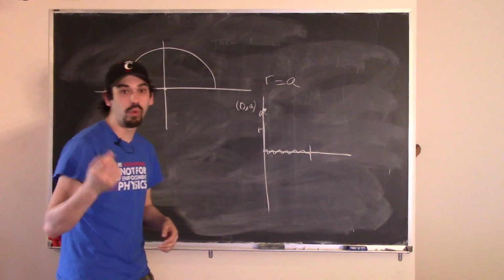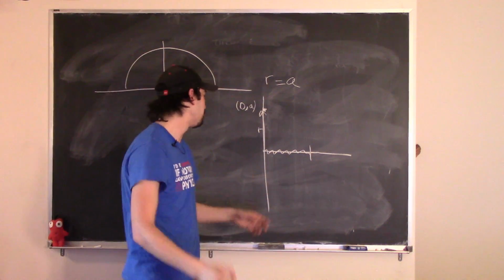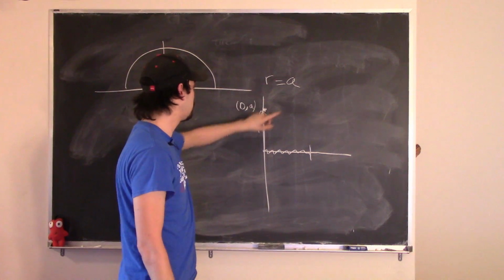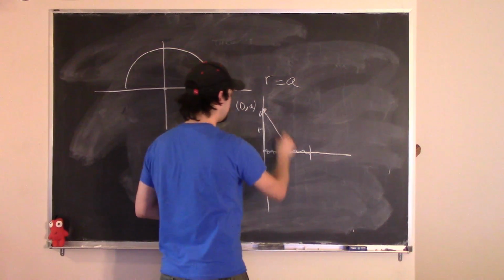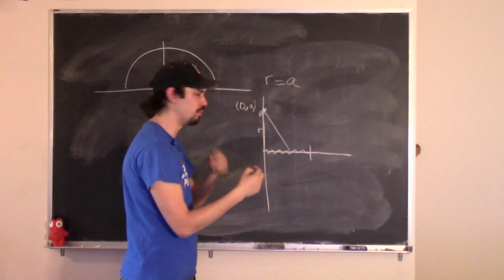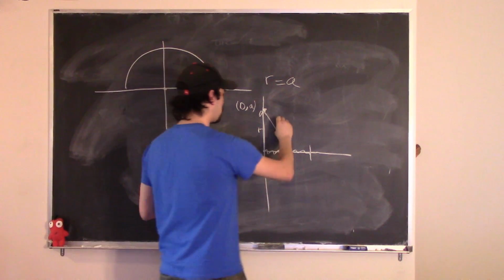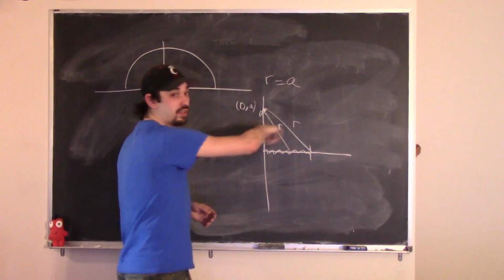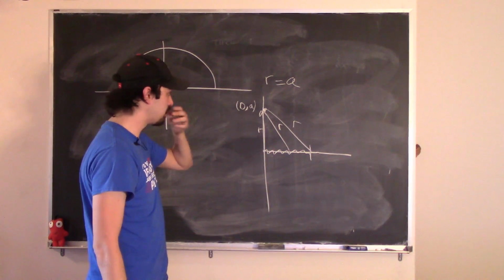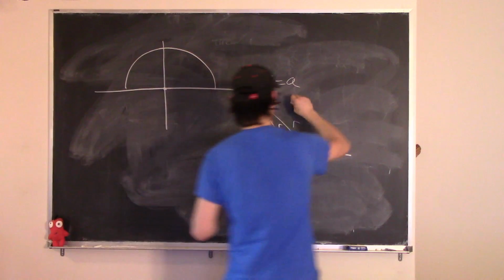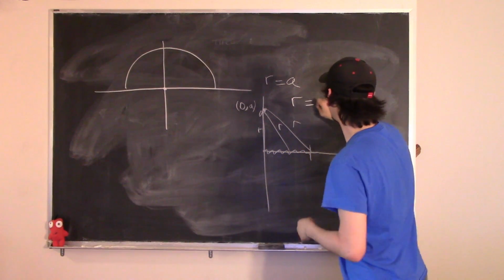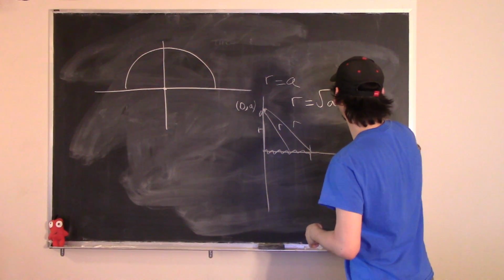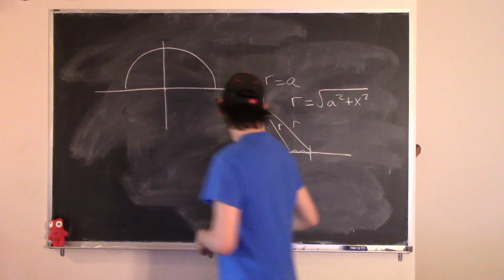And one of the values that r can have is a. But really, in this case, and this is kind of why I draw it a little bit in the middle, this is also R, and this is also R. All three of these are R. So for this example, this R is really equal to the square root of a squared plus x squared.